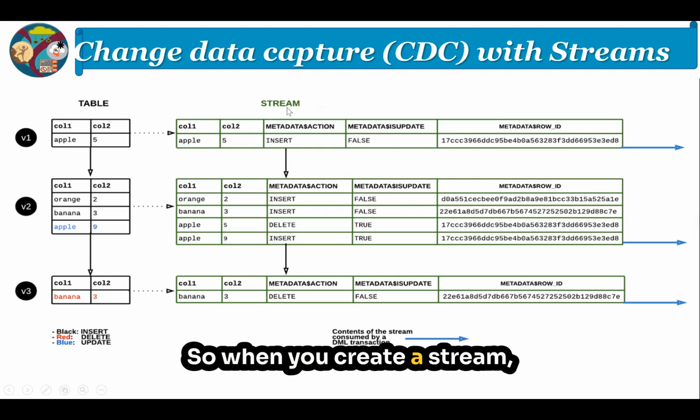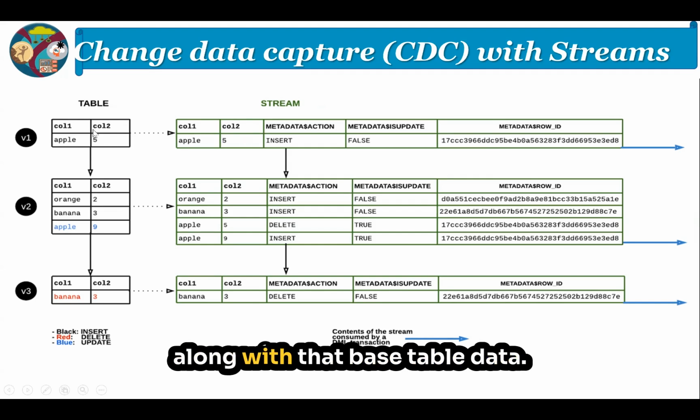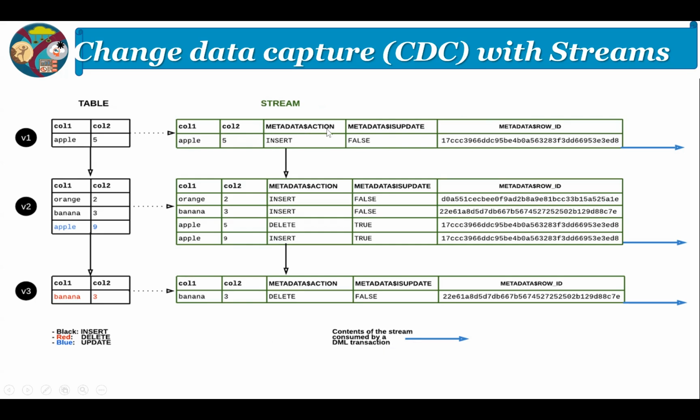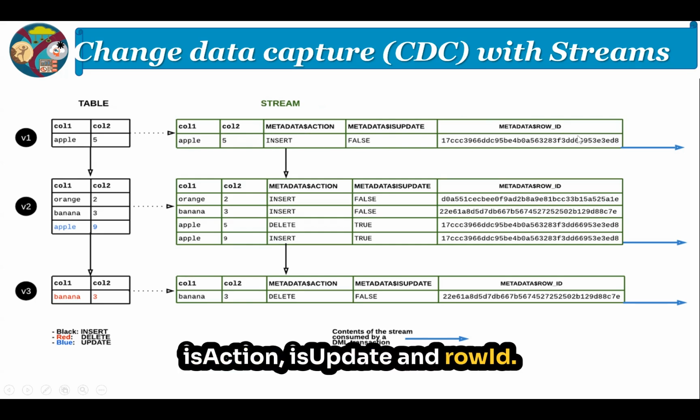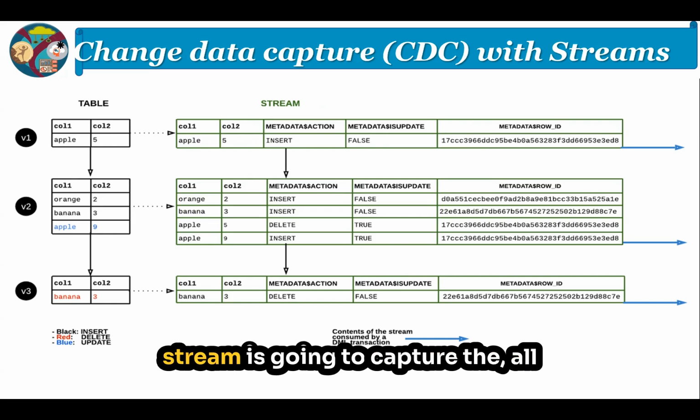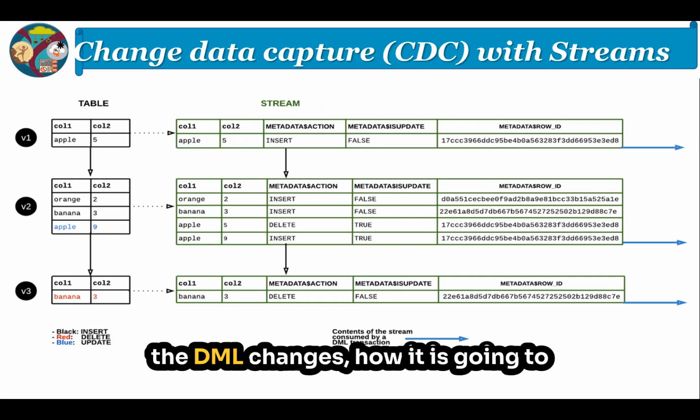When you create a stream, the stream will just replicate or mirror the base table data. Along with that base table data, additionally it will populate three columns: is action, is update, and row ID. So what is the use of these three columns? Now we are saying that the stream is going to capture all the DML changes.